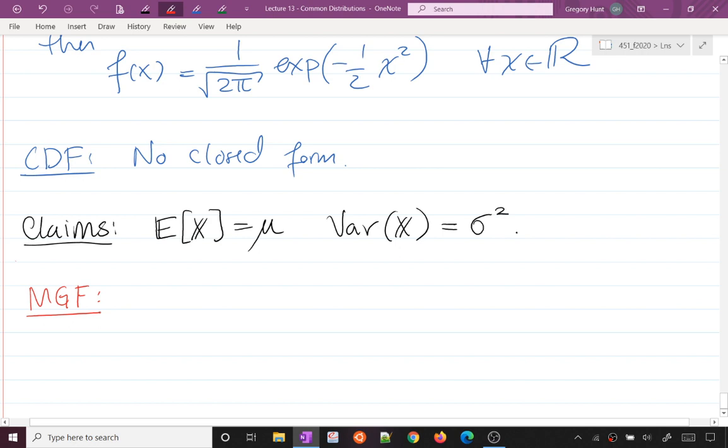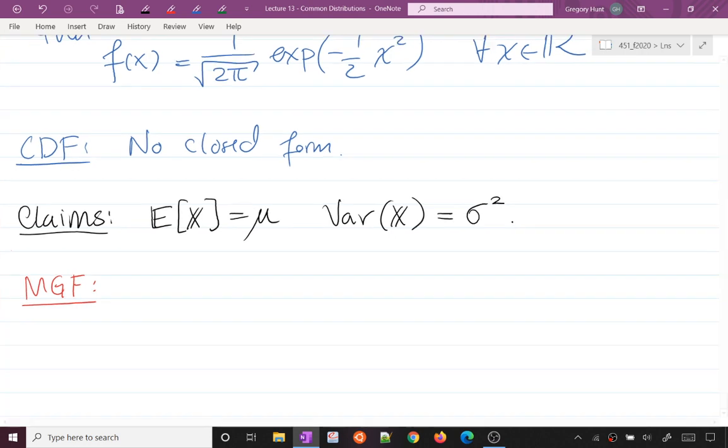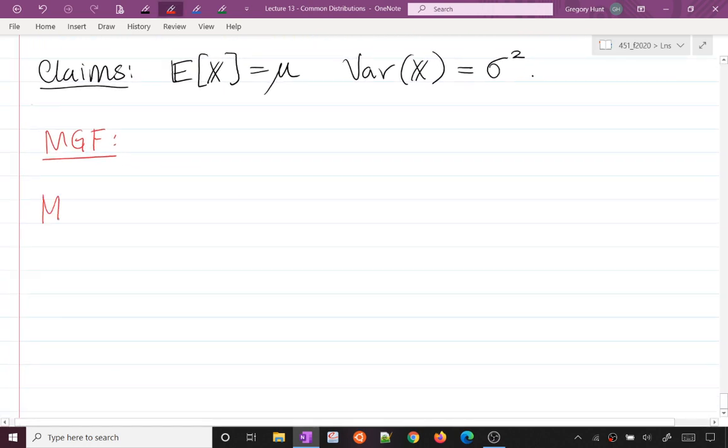Okay, so this takes a little bit of work, but it's not too bad. First of all, for any random variable, what is our MGF? Our MGF is, of course, the expected value of e to the tx, which in the continuous case is the integral of e to the tx f(x) dx.